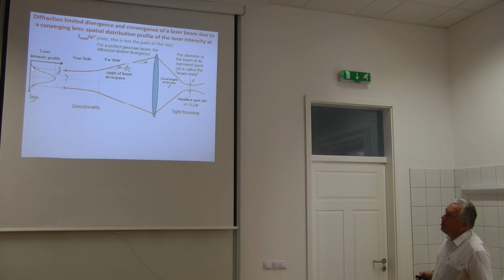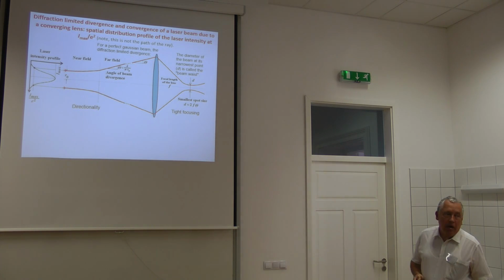If you consider the 1/e point, about 37%, on the foot of this curve, then you can determine the diameter or radius of the laser beam, which can be divided into near field or far field. In the near field it is more or less parallel.